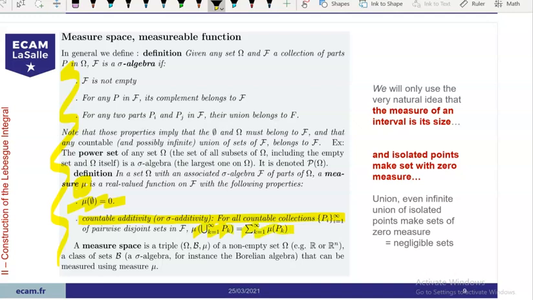So actually, this is a correct setting to work with, exactly the same way you've been doing for many years now, to work with intervals. All right. So the measure of an interval is simply its size. So the measure of interval AB is going to be B minus A if B is bigger than A. And the good thing is that it satisfies those properties.